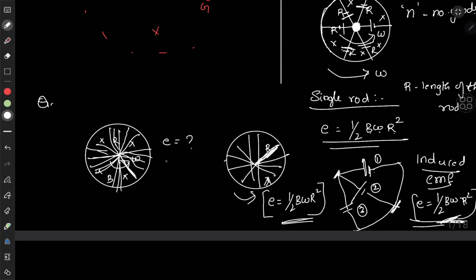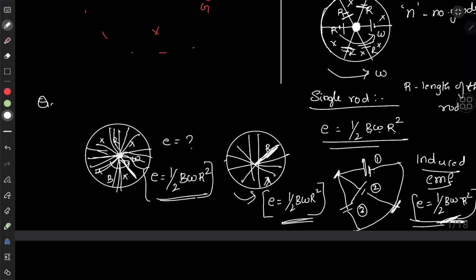That means you can easily understand that each rod is going to be in parallel combination. If they are in parallel combination, the induced EMF is going to be half into B omega R square. So we get the same induced EMF in the case of the disk.